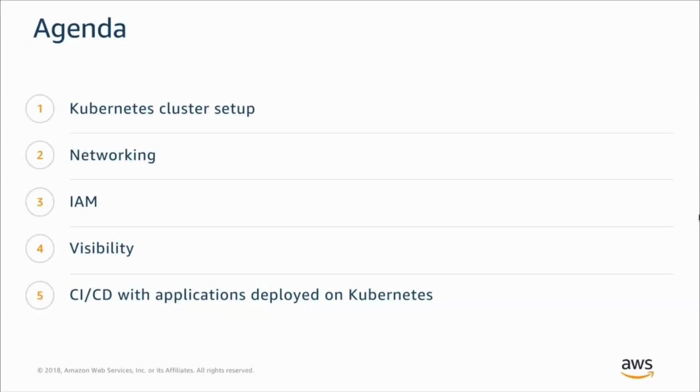In this session, we show you how Amazon EKS makes deploying Kubernetes on AWS simple and scalable, including networking, security, monitoring, and logging. And lastly, we will cover how to set up CI/CD for your applications deployed on Kubernetes.